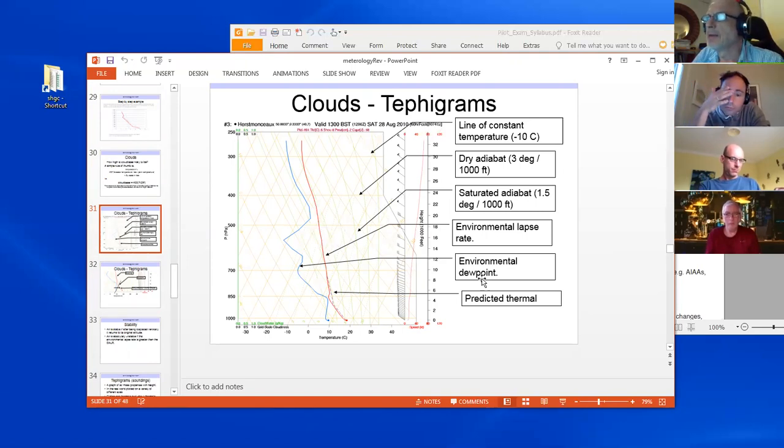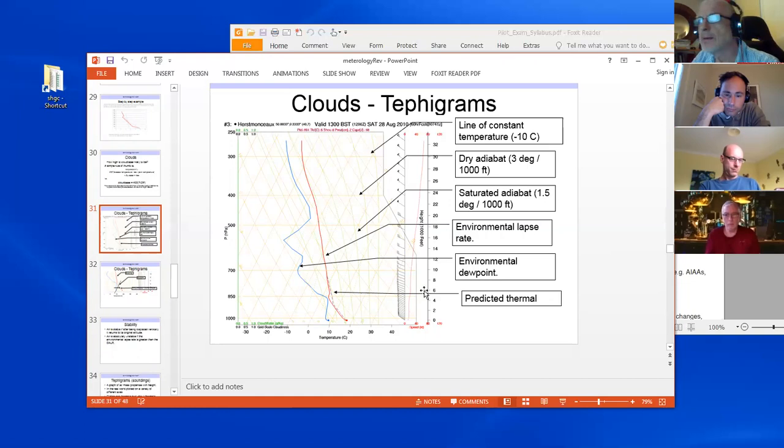A tephigram is simply an analysis, sometimes called a sounding. This gives you a breakdown of the environmental lapse rate, which in this case is the red line, the dew point measurement, which is the blue line, and the path of a predicted thermal. And that's about as much as you need to know from an exam point of view.